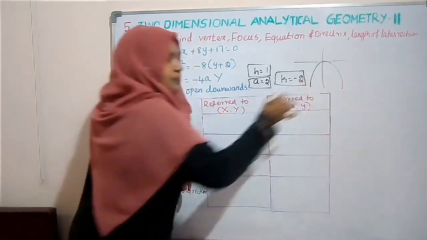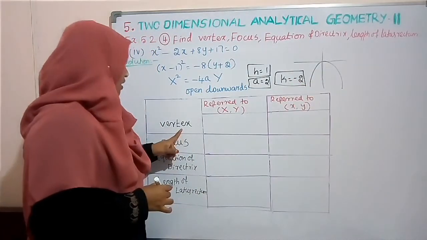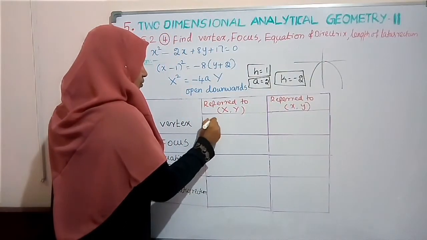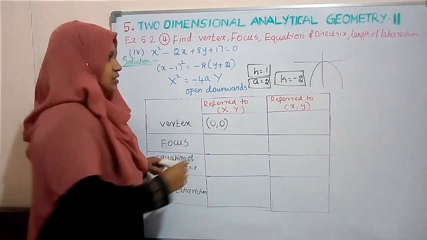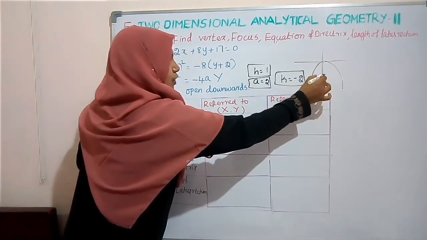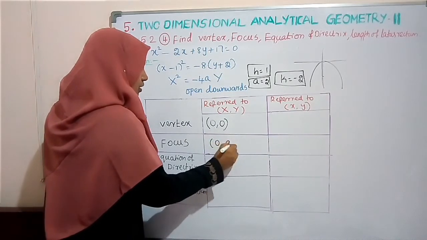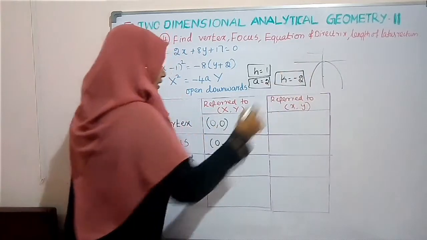downwards. Okay, so using this parabola open downwards, we can write the vertex as 0, 0, and then the focus. See, focus is below the x-axis, which means we can write 0 comma minus a. Equation of directrix will be above the x-axis.